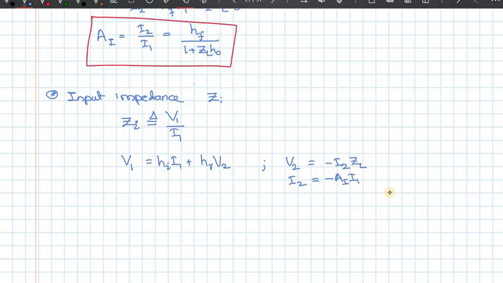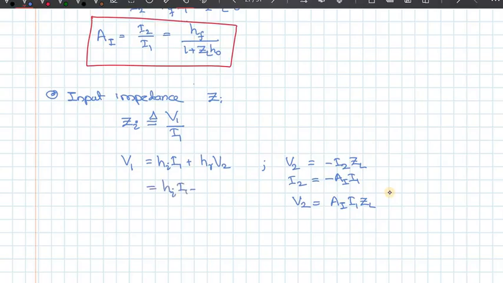This is the definition of current gain AI, and we know an expression of AI in terms of other terms. So V2 is equal to minus minus plus, AI I1 times ZL.